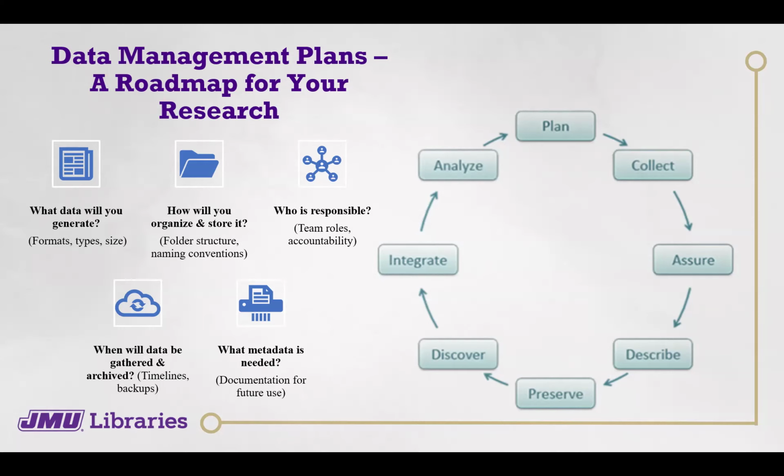How will you name your files so they don't turn into final version 2 really your initials, or maybe your co-PI's initials? You want to think through who's responsible, who on your team is going to keep things organized.